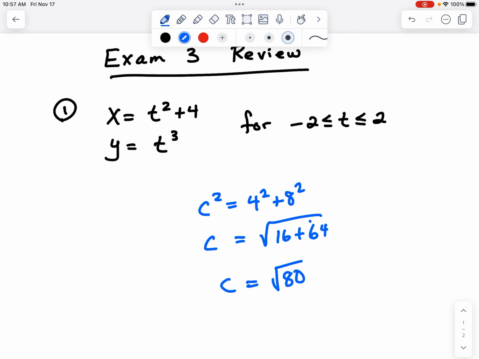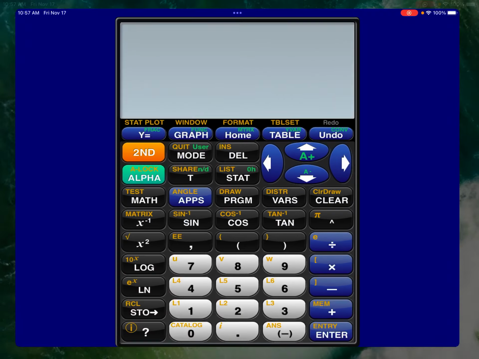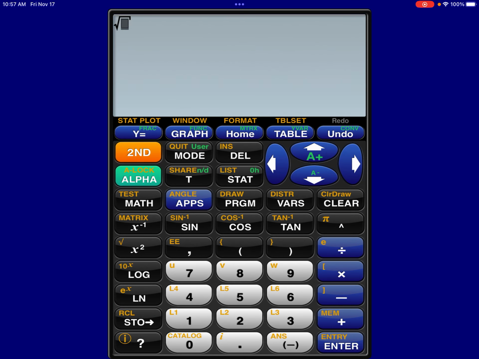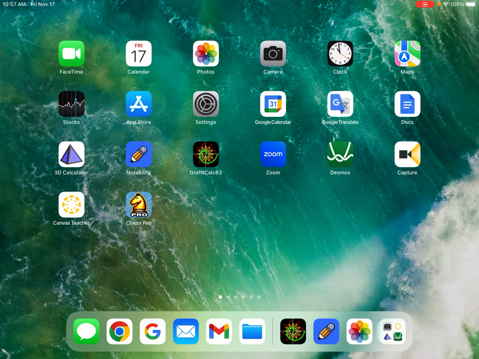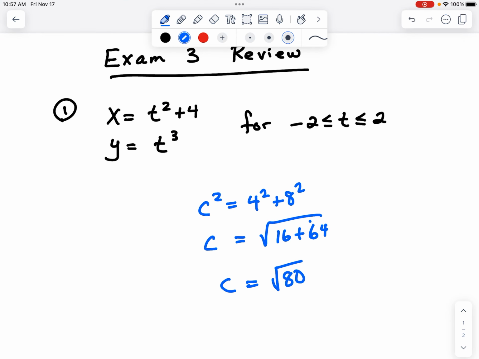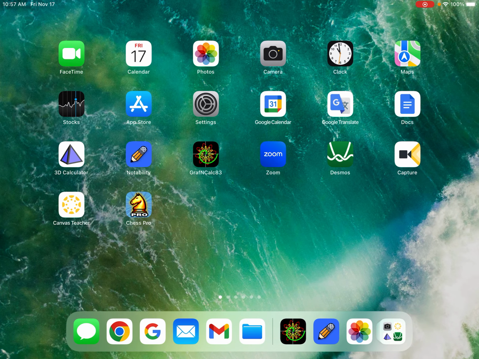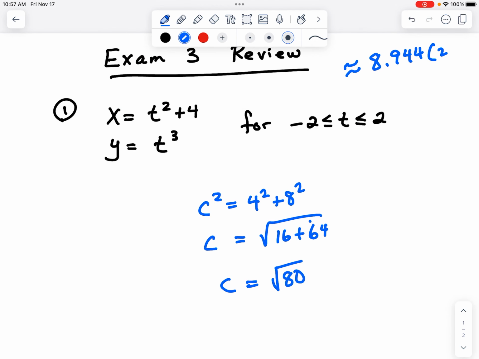So let's see, what is square root of 80? Square root of 80 is about 8.9. So my estimate is that it's about 8.944 for the top half, and then I would have to multiply by 2, which is, well, that's about 9 times 2, so that's about 18.